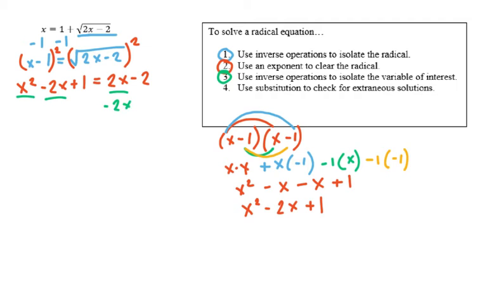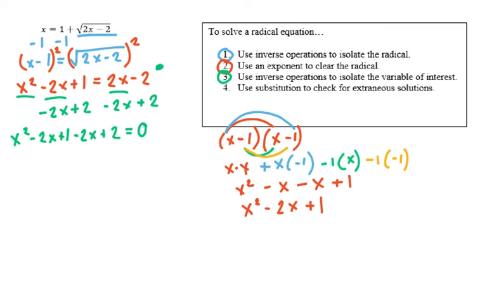So to do that, we are going to subtract 2x from both sides, and we are also going to add 2 to both sides to clear out this side of the equation. So that's going to leave us with x squared minus 2x plus 1 minus 2x plus 2 on one side of our equation, and that's going to be set equal to 0.